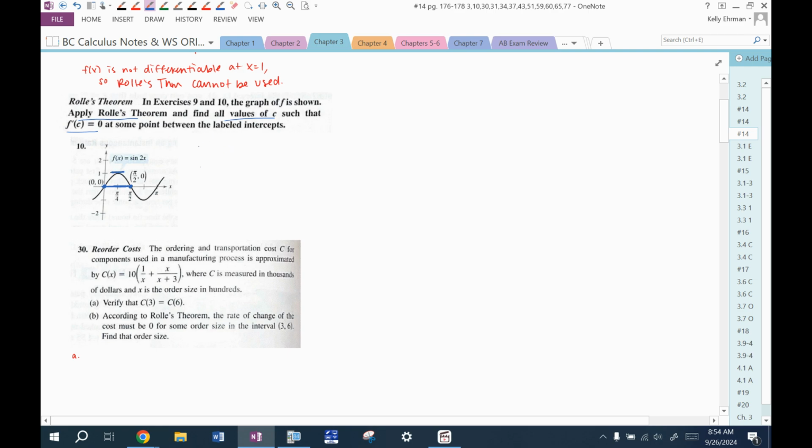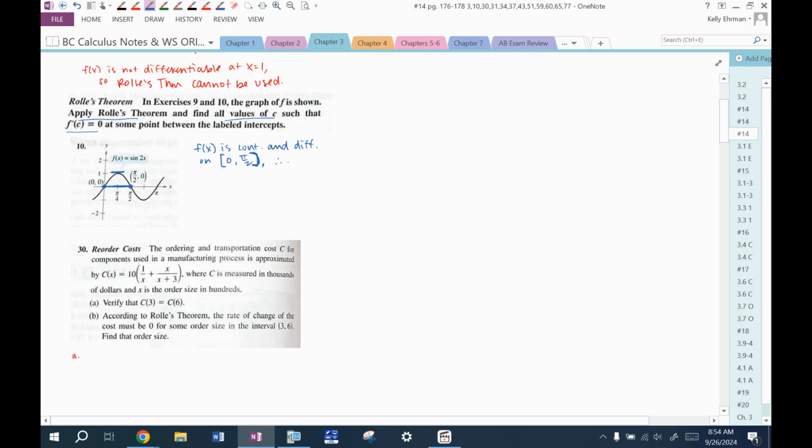But apply Rolle's theorem. So I would say f of x is continuous and differentiable on the interval 0 to pi over 2.